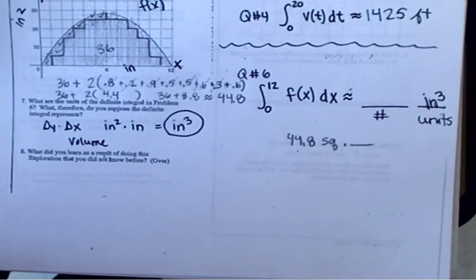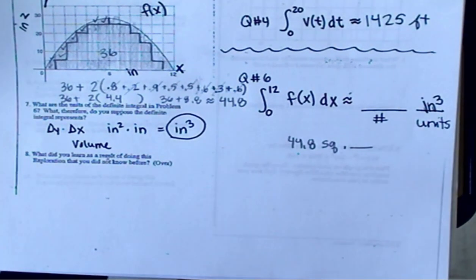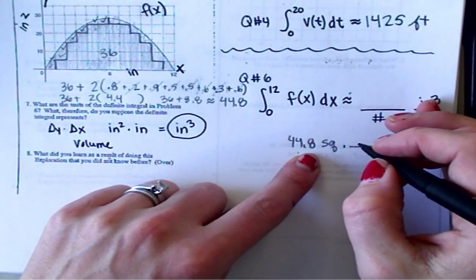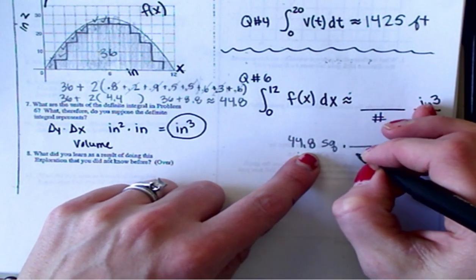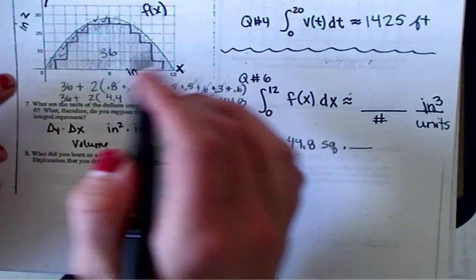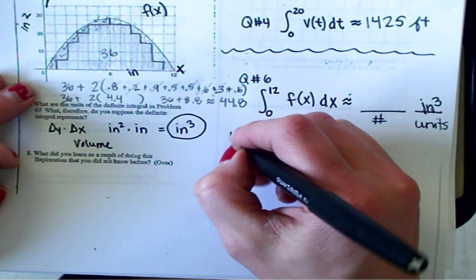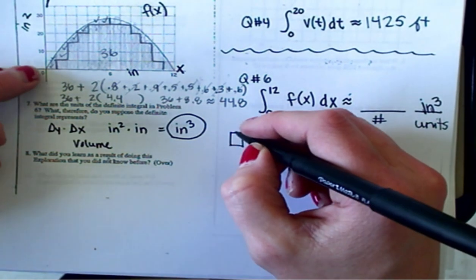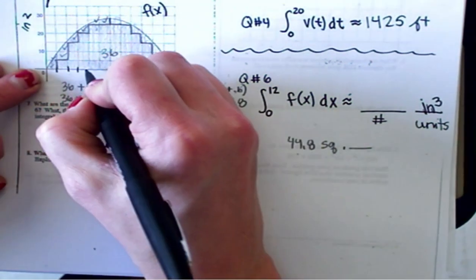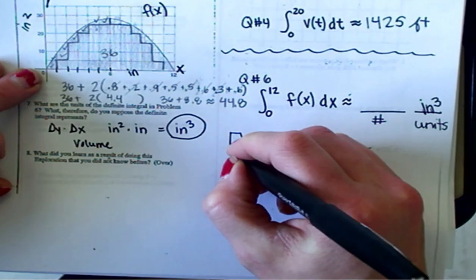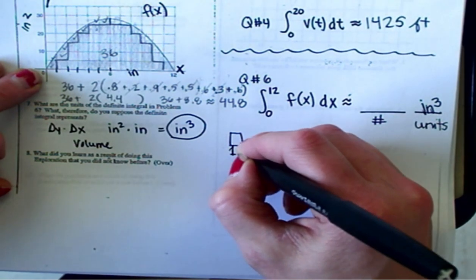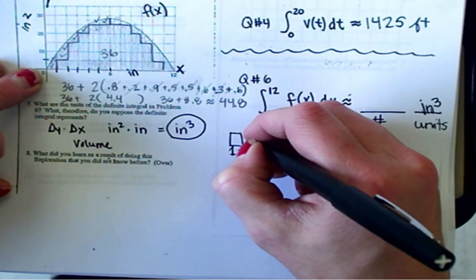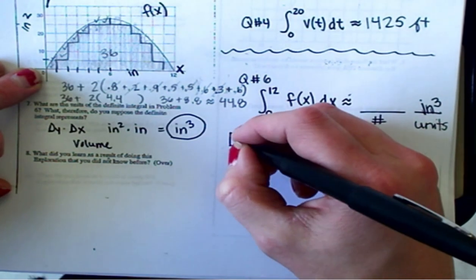Now, I'm not quite finished because I don't have my number yet, because I only have 44.8 squares and I need to figure out what each square is worth. So here I'm counting by 1 inch. Here I'm counting by 5 inches squared.